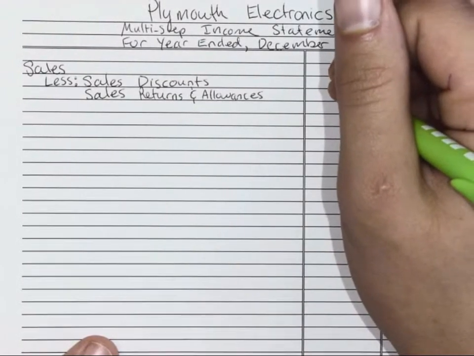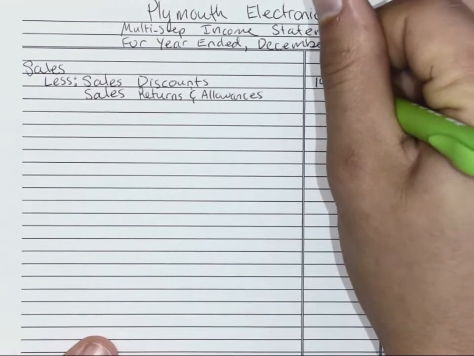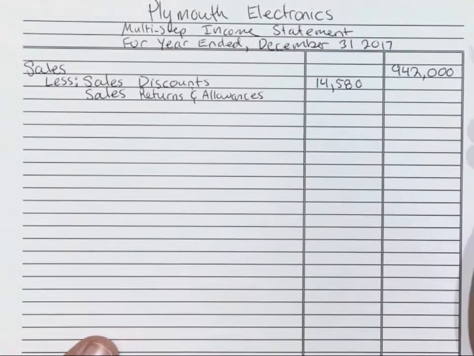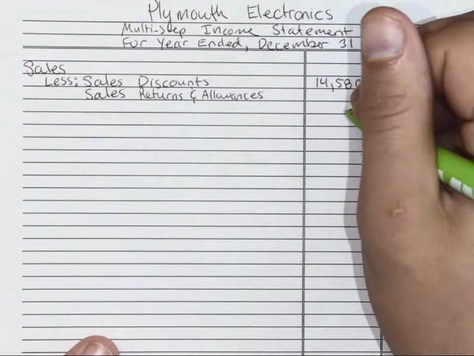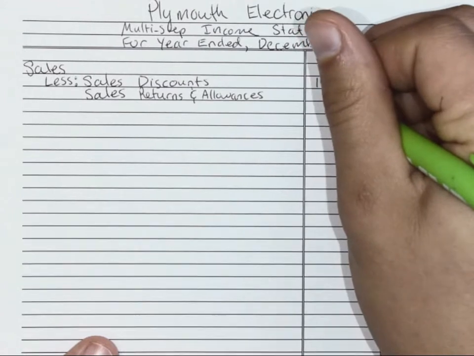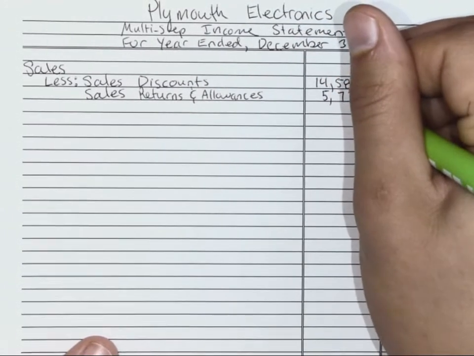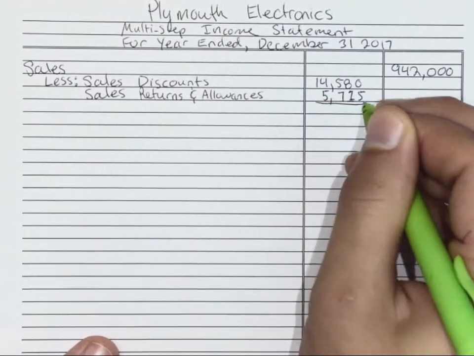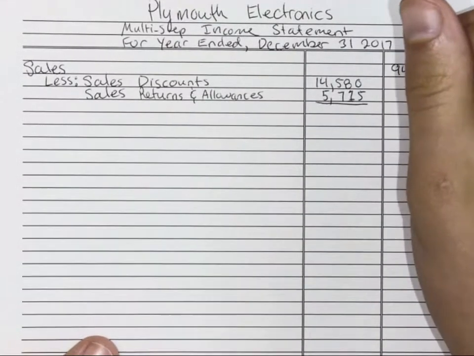So our sales discounts is $14,580. Now you'll see it's a debit balance, right? Because it's opposite of a revenue account. And our returns and allowances is, so if it's a debit balance and it's a contra, that means we're going to less it.